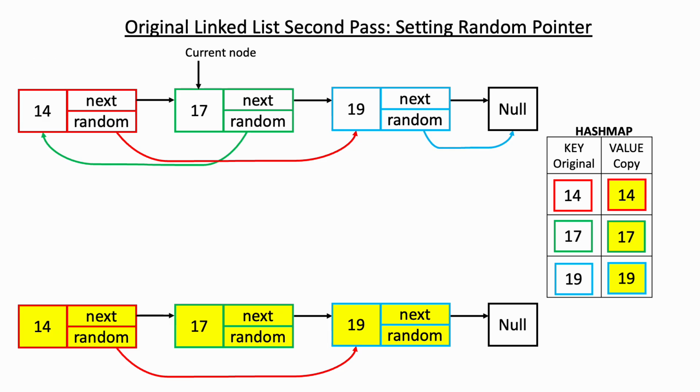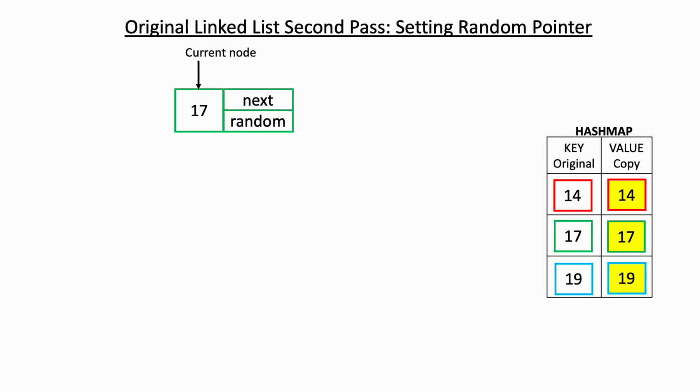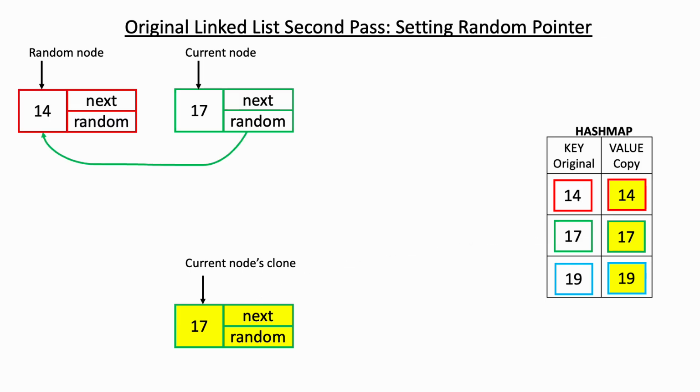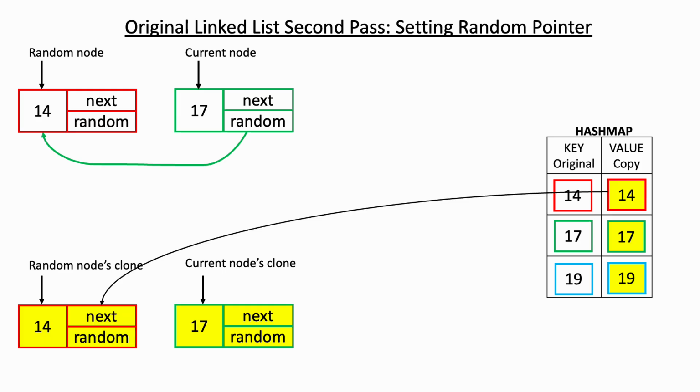We move our current node pointer to the next node 17 in the original linked list. To set the random pointer of node 17, we will erase everything except the current node. We will get the current node's clone from the hash map. Next we get the random node from the random pointer of the current node. Then we get the random node's clone from the hash map.